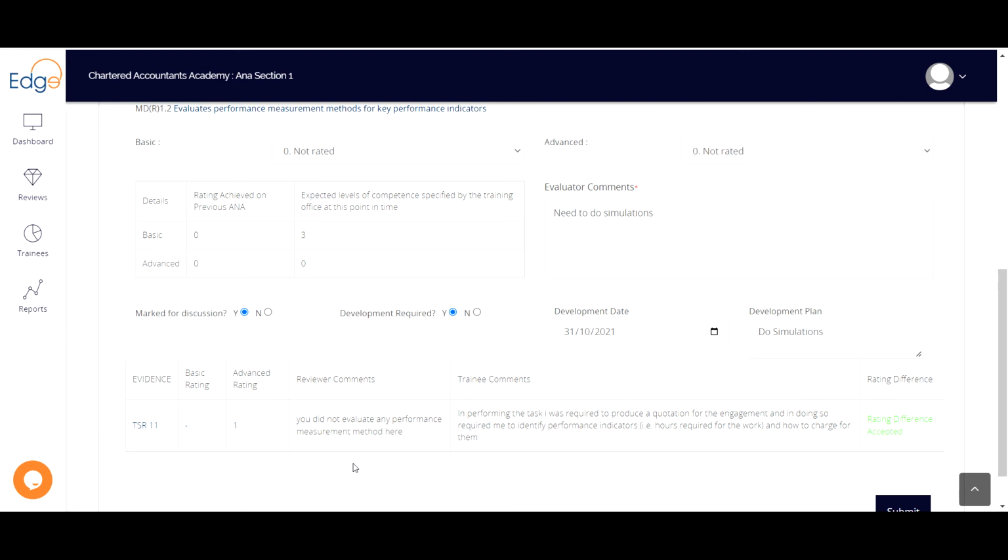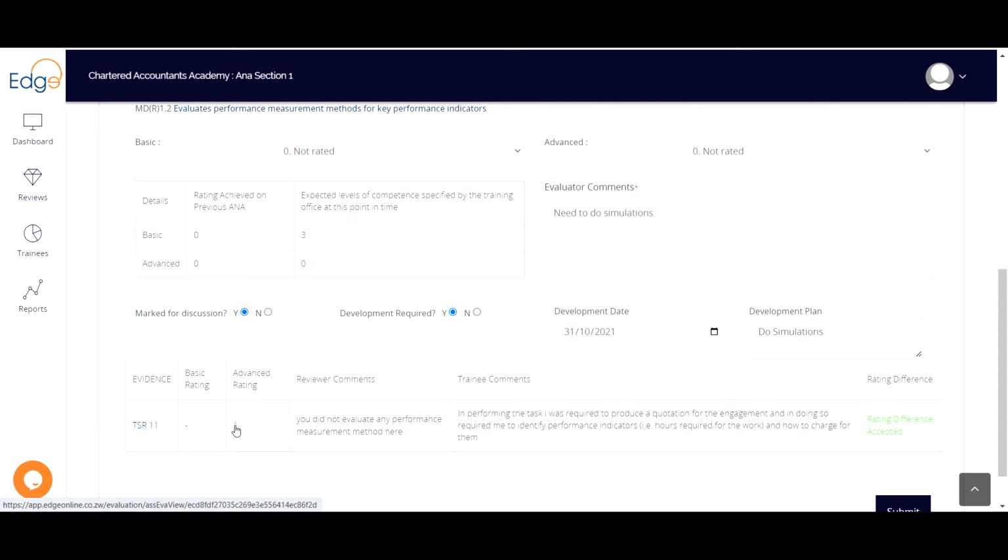So you as the evaluator now, you can choose to click on the TSR here or on the rating here, and you are going to be taken straight to the technical skill or to the TSR where this evidence is extracted from.